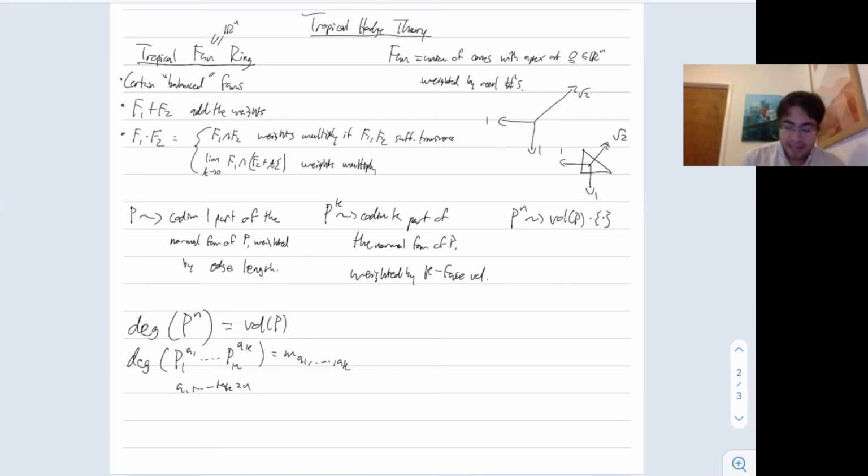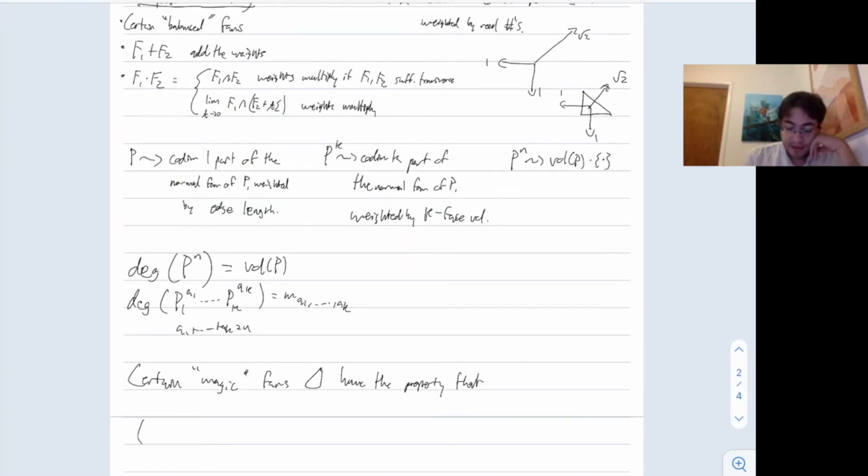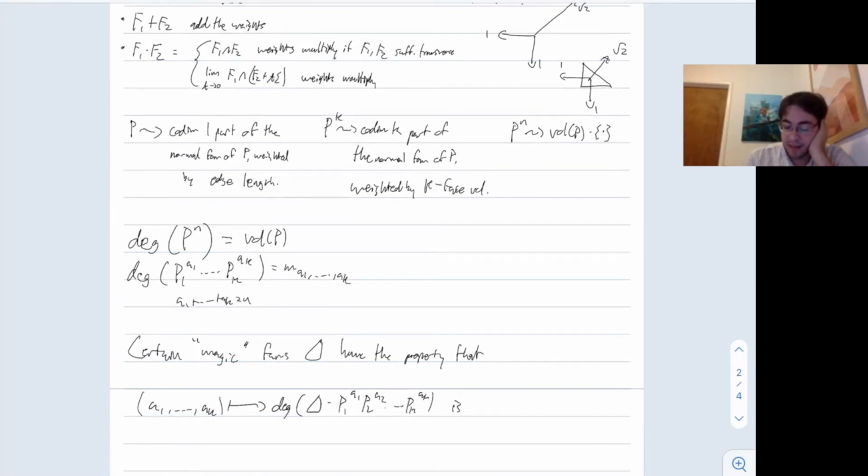Well, it turns out that certain, let's call them magic fans, delta, have the property that, and again, this is the slightest possible generalization of the Alexander-Fenchel inequality, the assignment that takes a sequence and maps it to the degree of this fan times P1 to the A1, P2 to the A2, all the way to PK to the AK, is log concave.